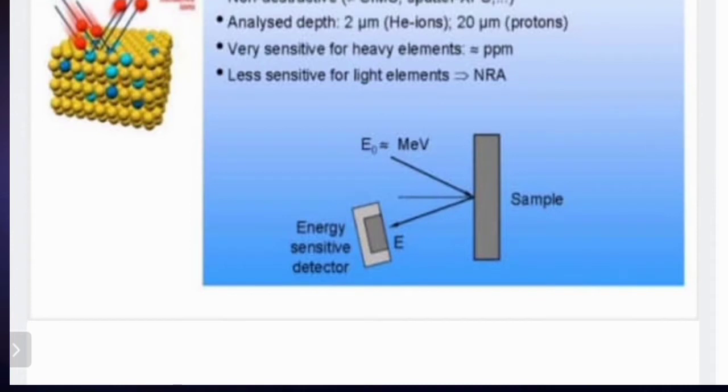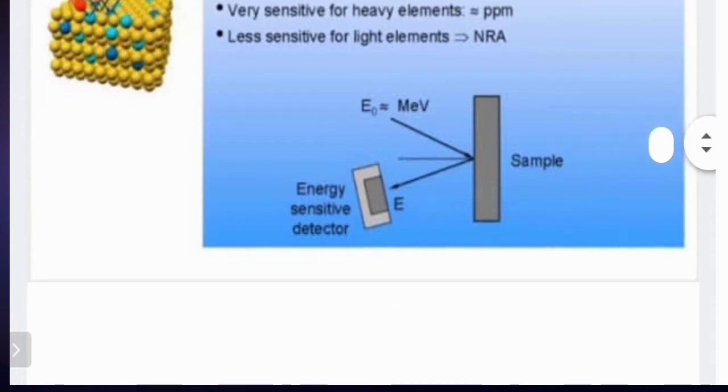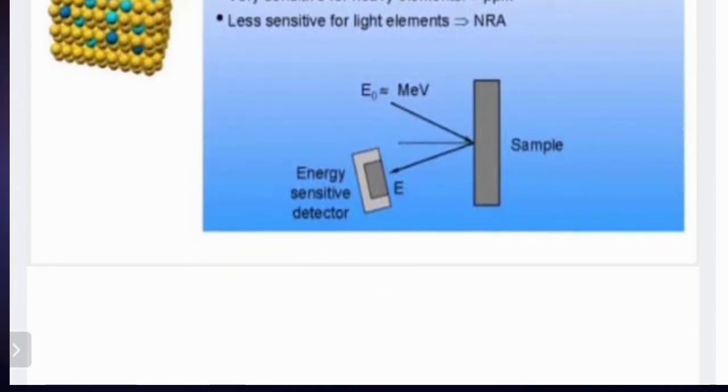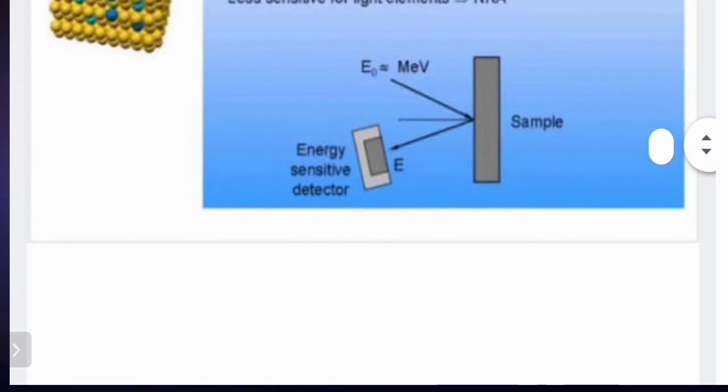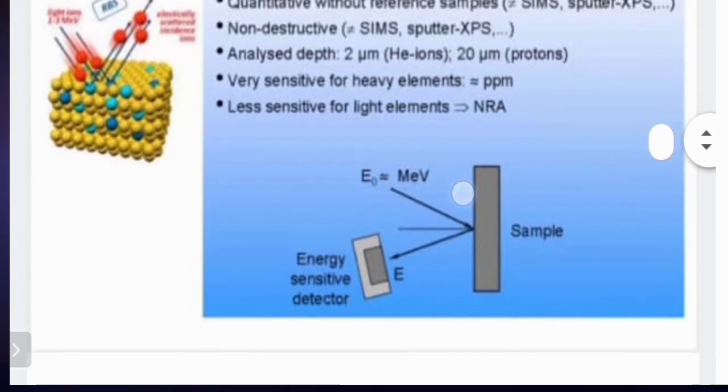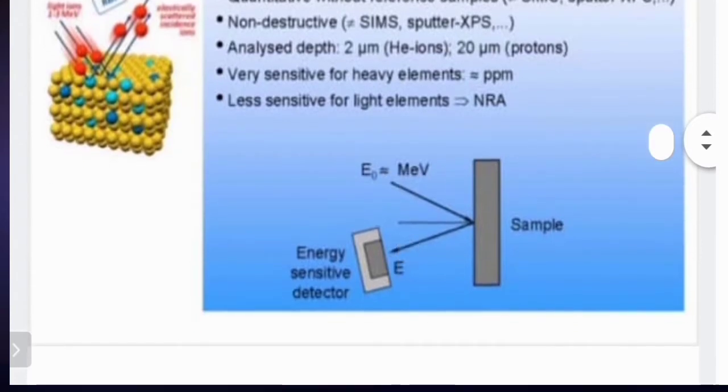Once they interact with the solid sample, they get scattered. In the previous secondary ion mass spectrometry, once the ions were incident on the solid sample, secondary ions of the solid sample were generated. But in the Rutherford backscattering technique, the primary ion as well as the secondary ion have the same nature.